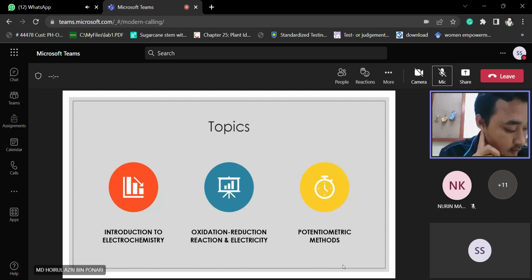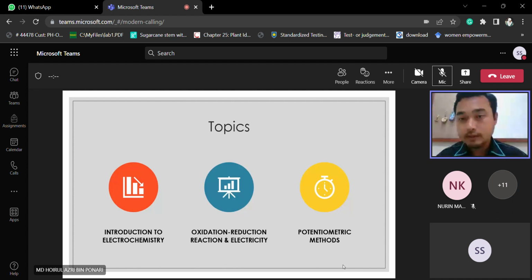So that's the important point that you need to understand about the potentiometric methods. You must understand what redox reactions are and what the main function of redox reactions is. Actually, with redox reactions you want to create electricity. I also want you to understand the components in galvanic cells.